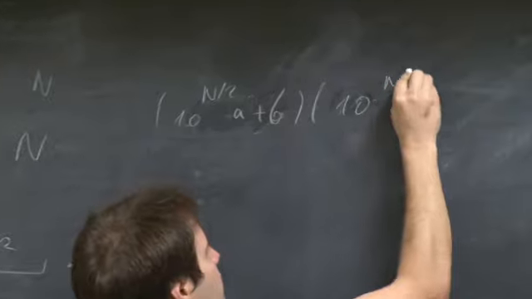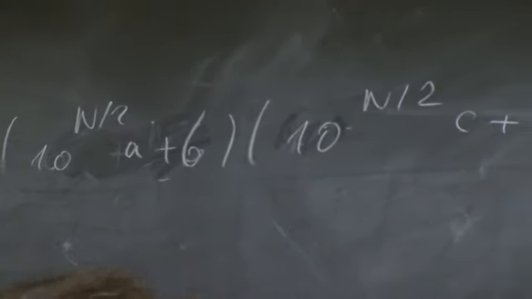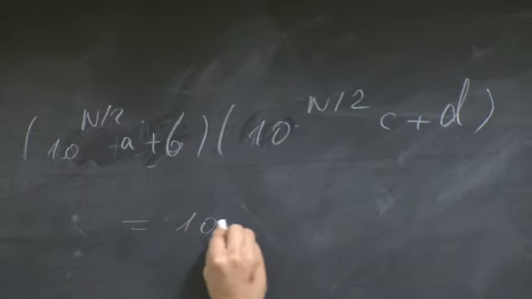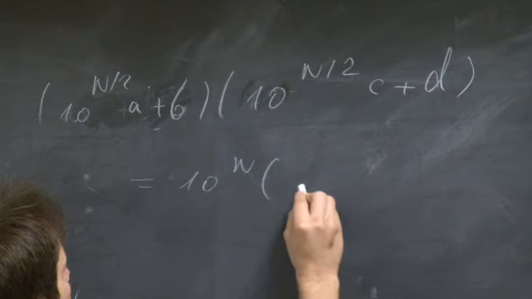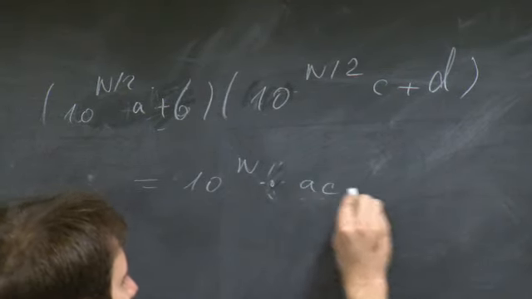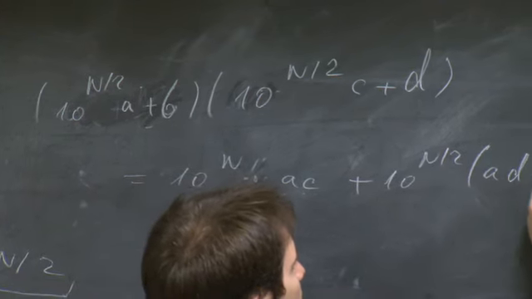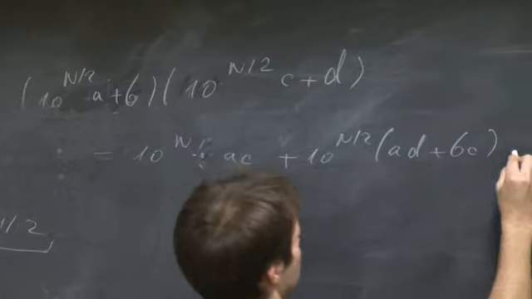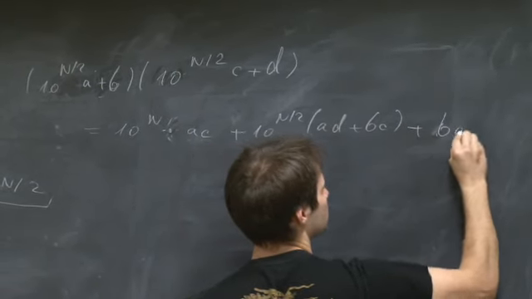If it's not, you replace it. And you get 10 to the n times ac, plus 10 to the n over 2 times ad plus bc, plus bd.